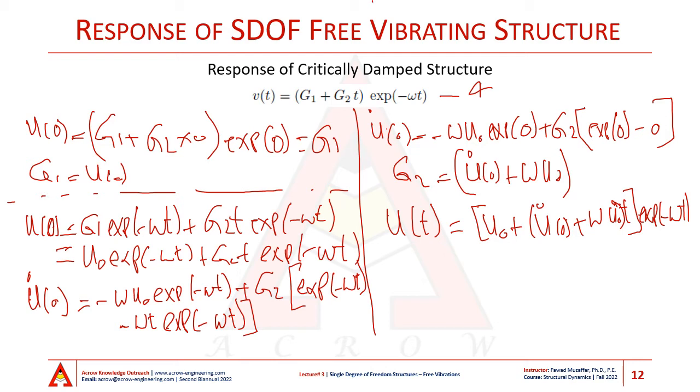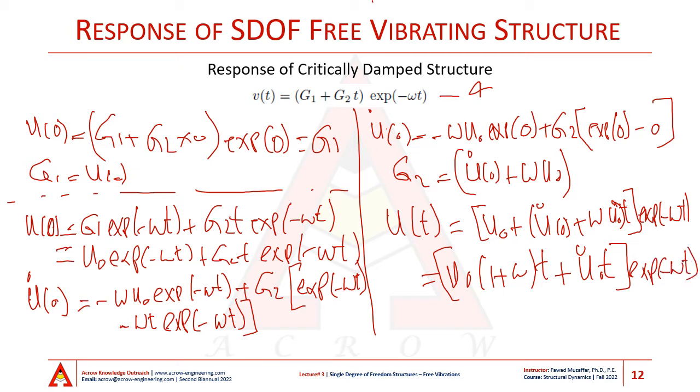I can rewrite this equation as u naught into 1 plus omega t plus u dot naught t into exponential of minus omega t.